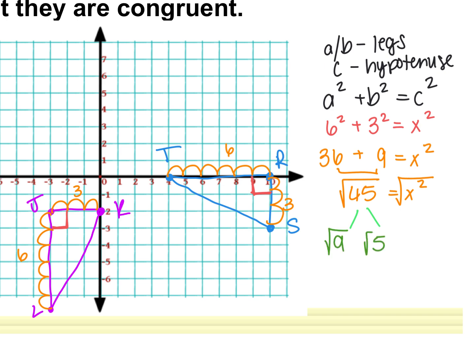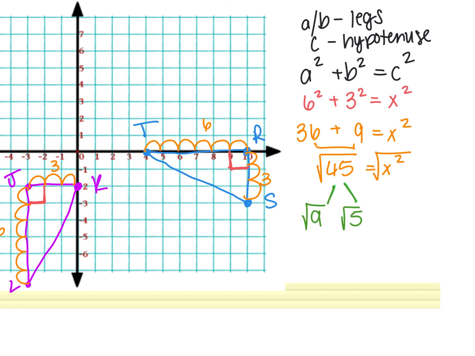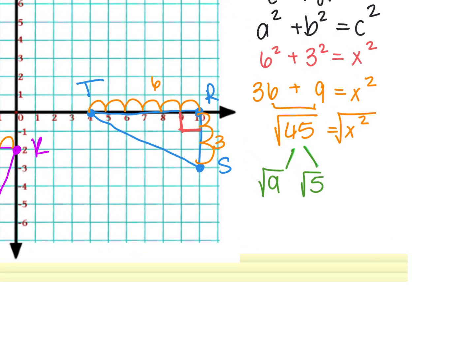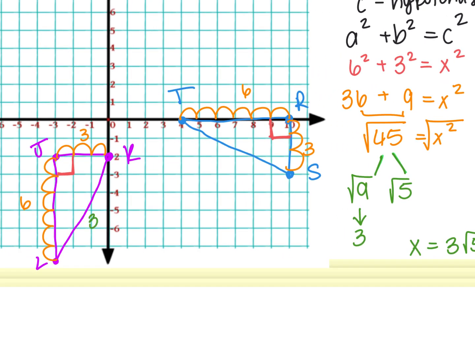Keep in mind I'm keeping them in my radical because I did not pull anything perfect out. However, do I have a perfect root here? Yes. This is going to change into a 3 as a whole. So right now I have my answer. My hypotenuse equals 3 radical 5. So I'm going to write it 3 radical 5 here.